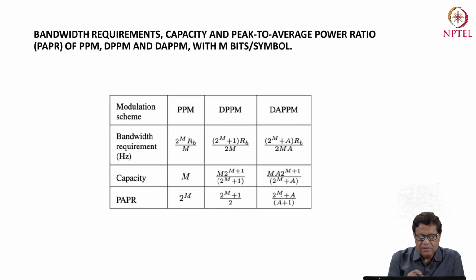So this slide basically compares 3 factors. One is the bandwidth requirement for different schemes, and the other is the capacity. Let me define capacity here.